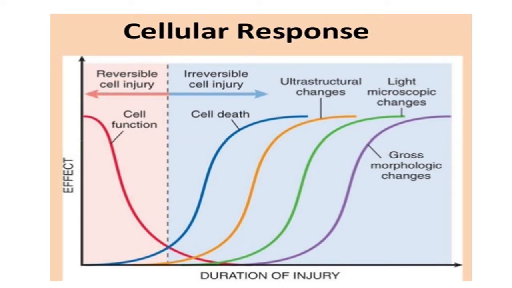So here what will happen is that if it is irreversible, there's going to be cell death. But before there's cell death, we are going to have a gross morphologic change, meaning that the cell type is going to change. So let's say the cytosol is out of a cell, there's no fluid. It's going to shrink the cell, meaning that the size and the shape of the cell is going to change.